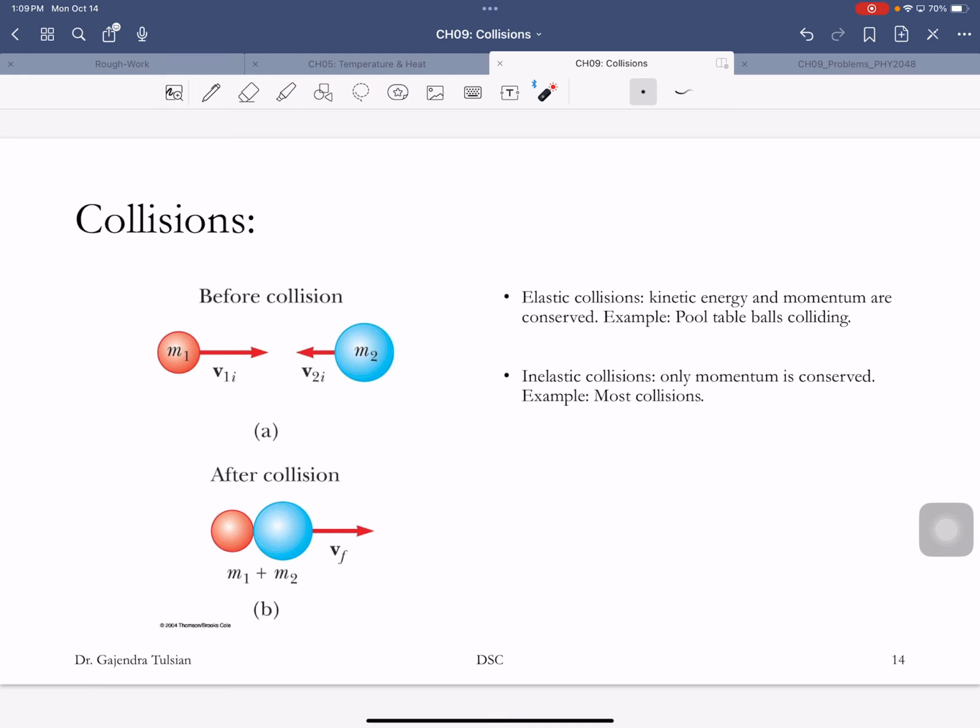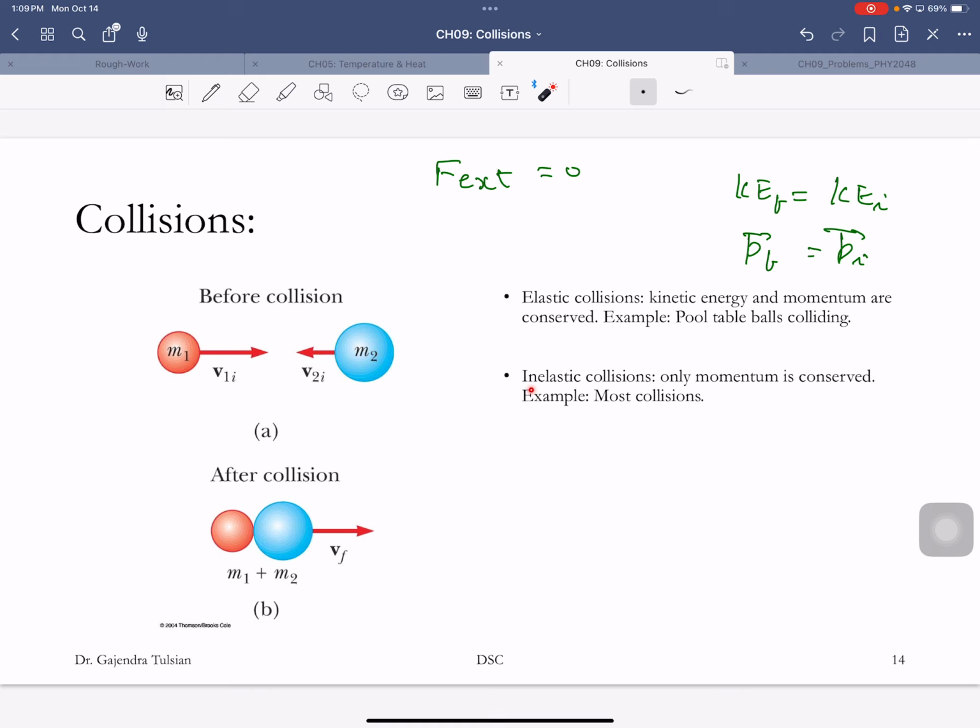All right, so elastic collisions are where kinetic energy and momentum are conserved. We are dealing with situations where the external force is zero. Now that you've learned about momentum, you can say two things about collisions. In an elastic collision, kinetic energy is conserved and momentum is conserved.